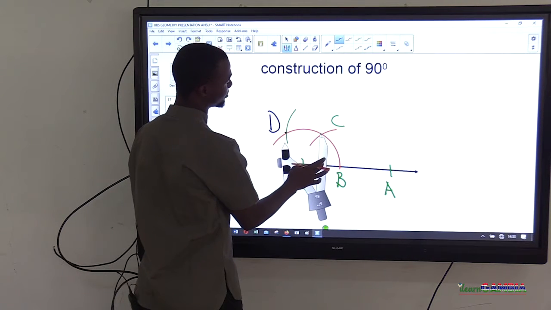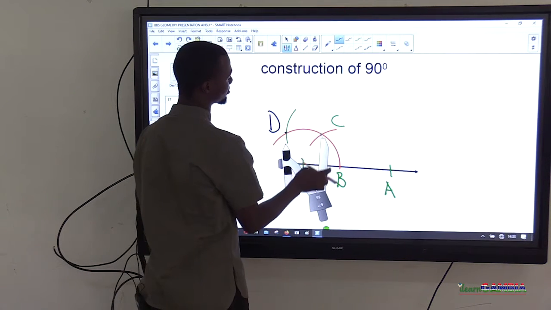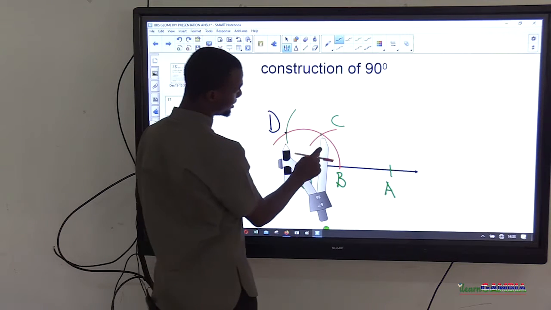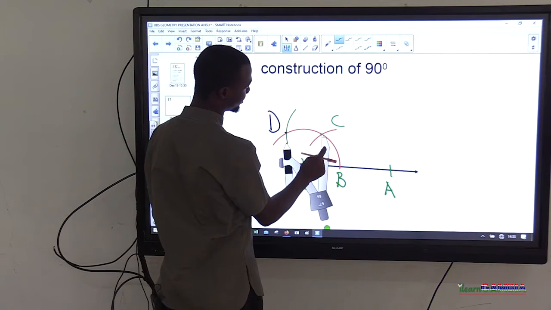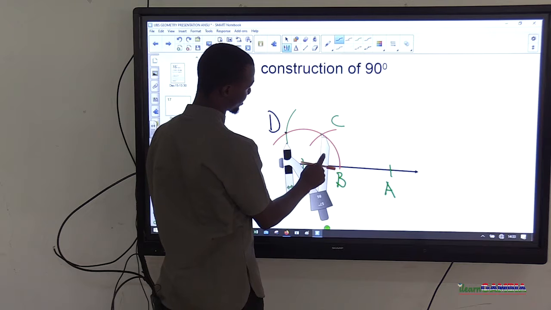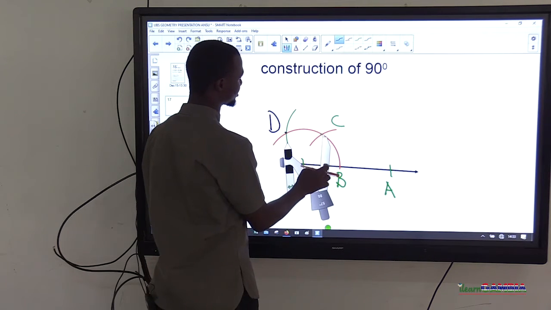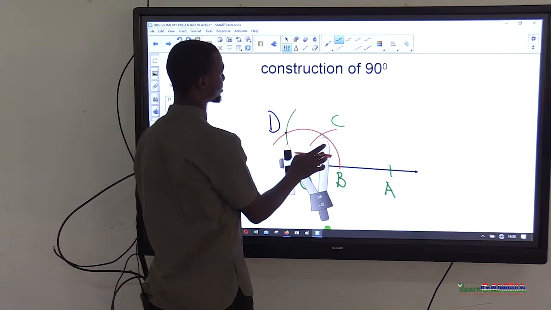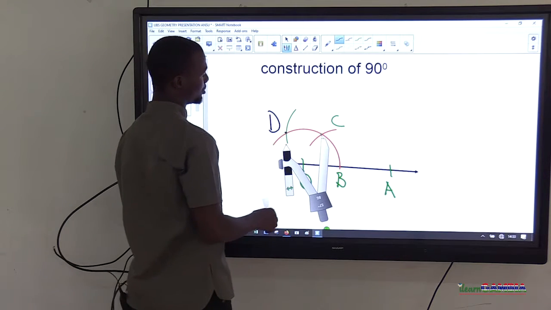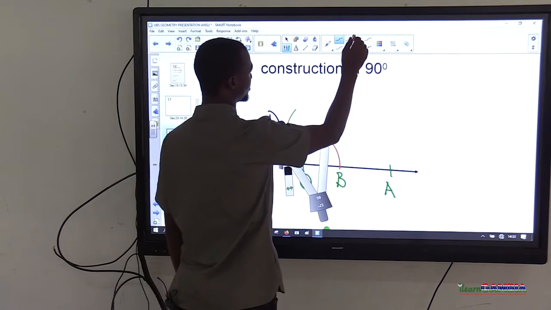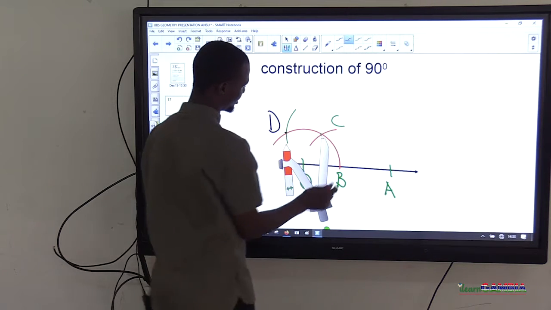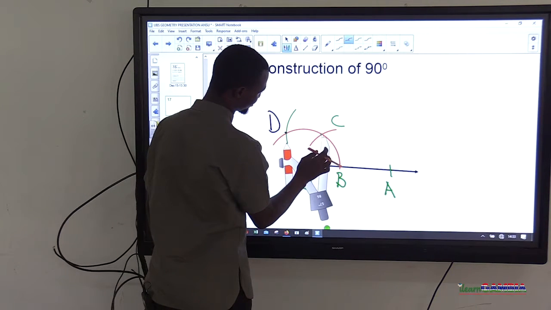First at C, then D as the centers, we draw two arcs cutting each other at E.